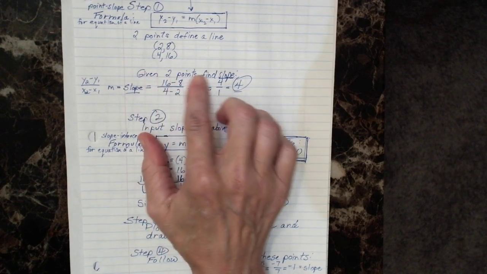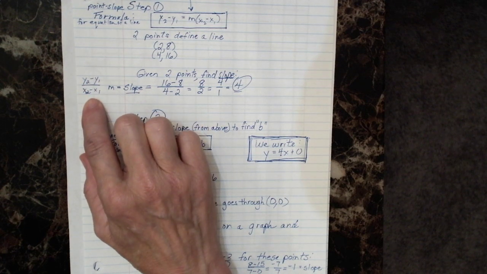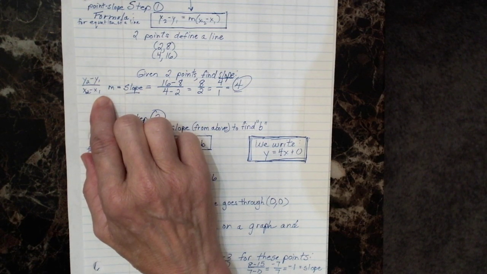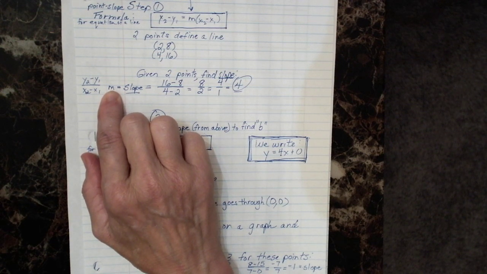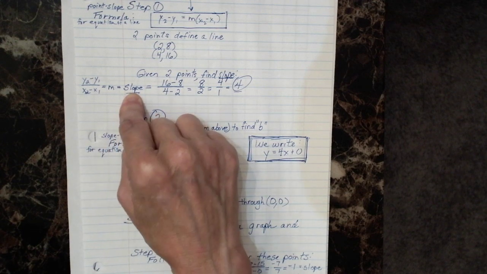Now, after you're given 2 points, you can find slope by using this formula. y2 minus y1 divided by x2 minus x1 will give you m, also equal to slope, which is the steepness of the line.